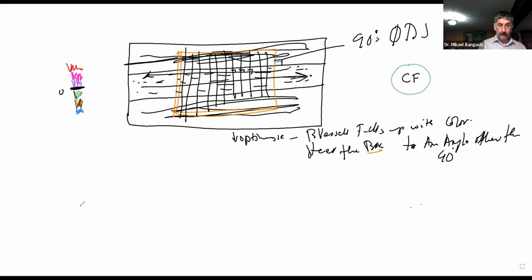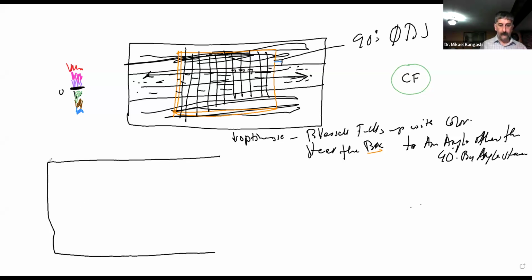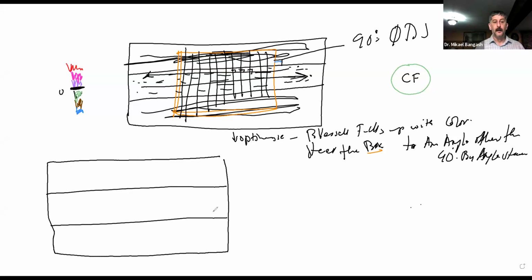And what's going to happen then? How do we do that? By angle steer. So it was the same picture. We had the same blood vessel.